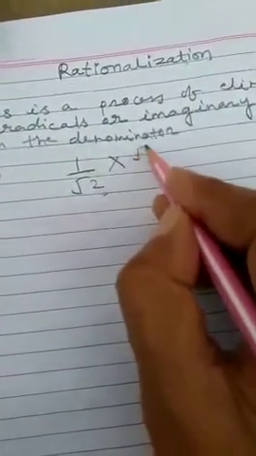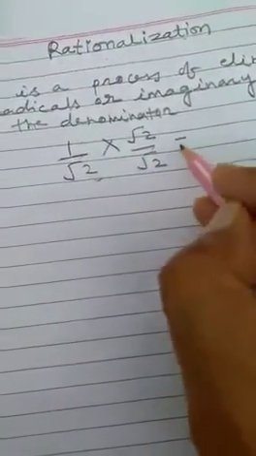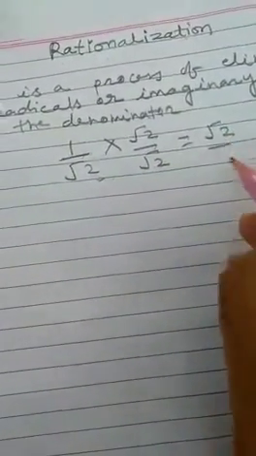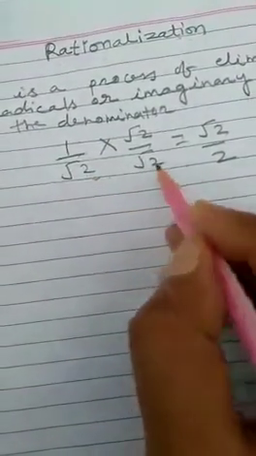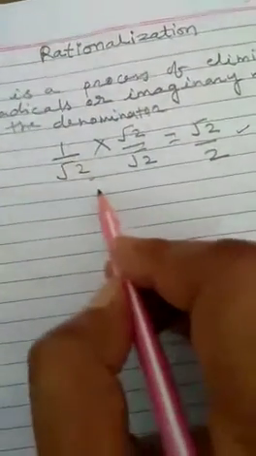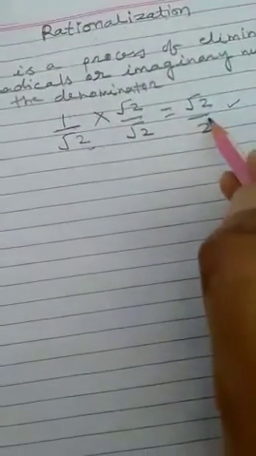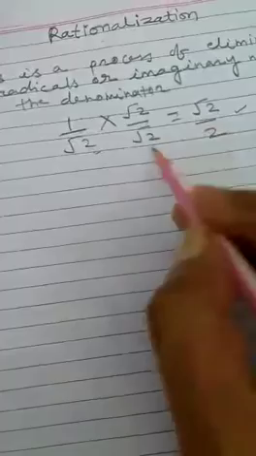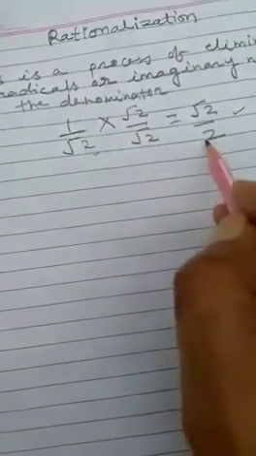Then we multiply by root 2 upon root 2, and it will be root 2 upon 2, because root 2 into root 2 is 2. Now this is the simplest form of 1 upon root 2. Clear? Now the square root is removed from the denominator.